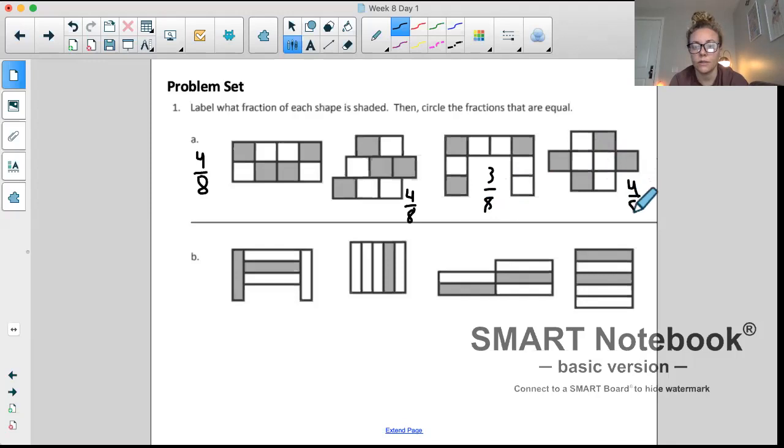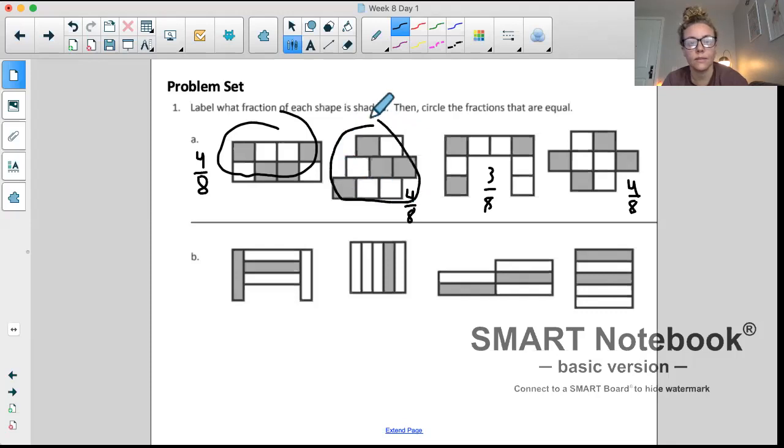Since all the pieces are the same, anything that has the same amount shaded, we're going to circle. See 4/8, 4/8, and 4/8. So we can circle all 3. Oh, excuse me. All right, so we circle that one, this one, and this one. And I know you're doing a better job circling than I am. Okay.